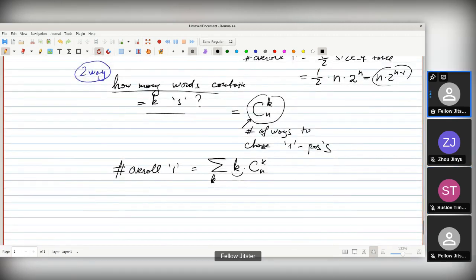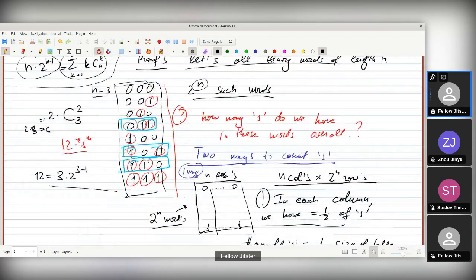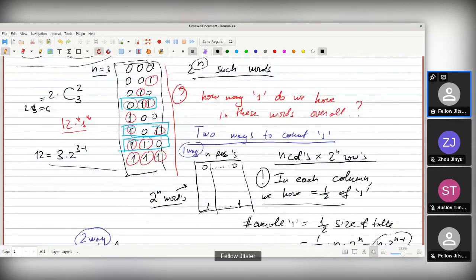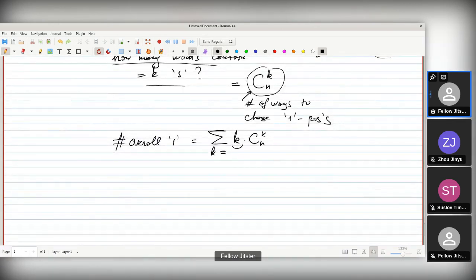So the overall number of unities equals the sum of k multiplied by n choose k, where k ranges from how many unities can we have in a word? 3, like the maximum. Oh no, we are considering the general case. In a word of length n there can be from 0 to n unities. Isn't it clear? Yeah. So k ranges from 0 to n.